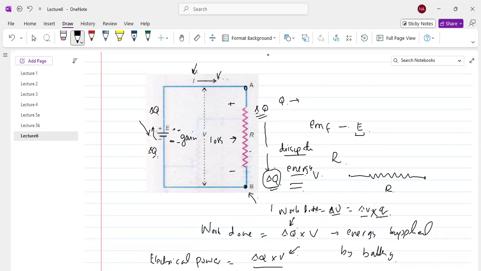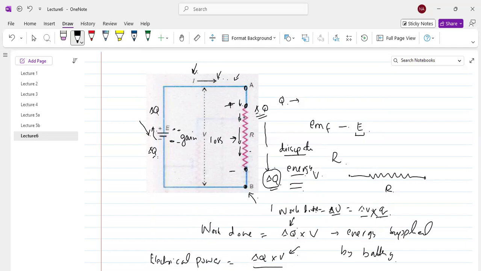This means that charges flow through the circuit, and as charges flow through the circuit, when they come to point A, then after passing through the resistor, when these charges arrive at point B, the energy of those charges will be dissipated during the course of motion through the resistance, because we know that resistance is the opposition offered by the material to the charges passing through it.